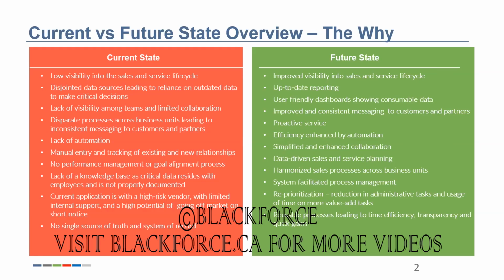We need dashboards that are user-friendly, dashboards that the managers of different departments can view and know how well the department is doing and what opportunities exist for improvement. We need the messaging to our customers and our partners to be consistent. We need to be proactive about what we offer to our partners and to our customers and even potential customers.